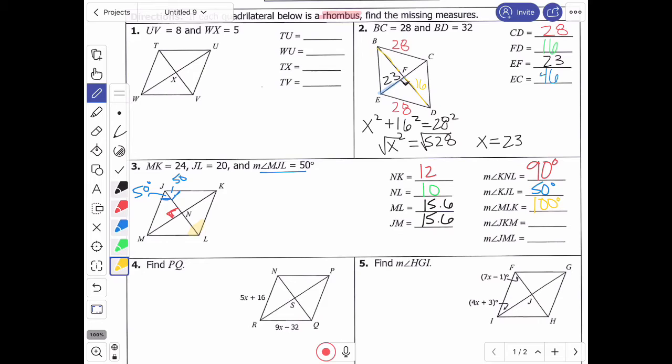And then the measure of angle JKM. So now we're thinking about a completely different angle. This one we don't know much about just yet. But what we do know is that, again, this diagonal is bisecting. So whatever this green angle is, the angle right next to it has to be the same thing.